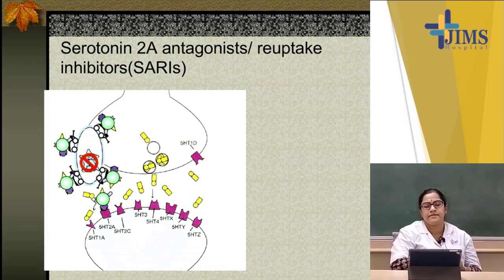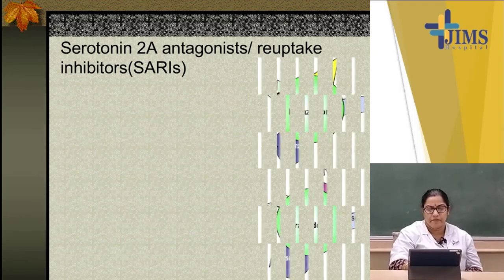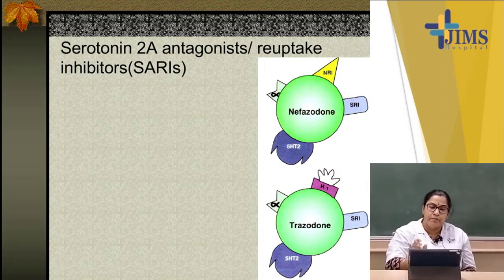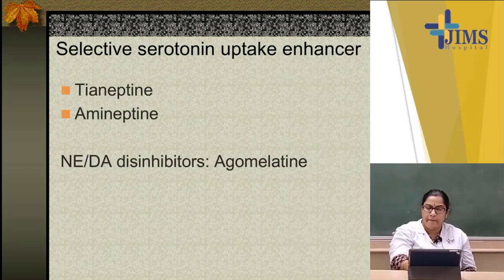Now we are coming to the serotonin 2A antagonist reuptake inhibitors: trazodone and nefazodone. These are two atypical antidepressants which block the reuptake of serotonin. Selective serotonin uptake enhancers are tianeptine and amineptine.